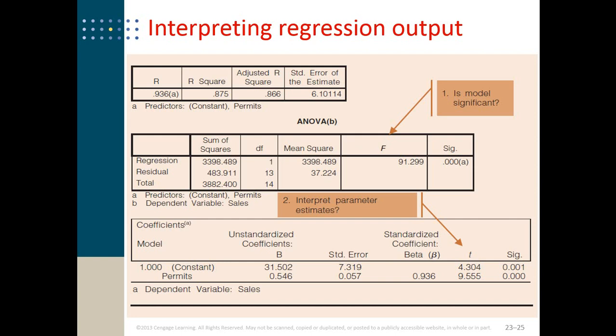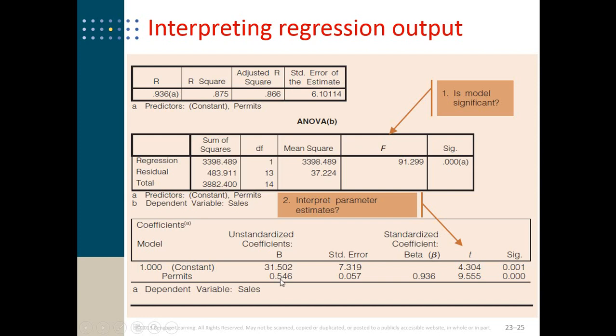The next numbers we will look at are the coefficient, the t-statistic and p-values. So first of all, if we look at the coefficient, for example, number of building permits is our independent variable and dealer sales volume is the dependent variable.